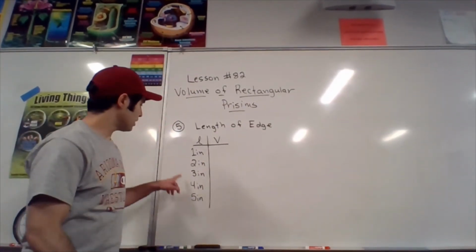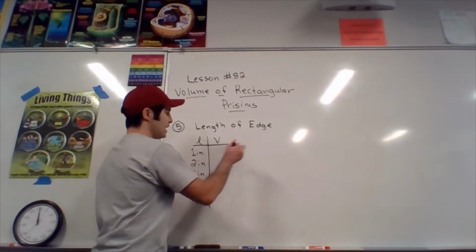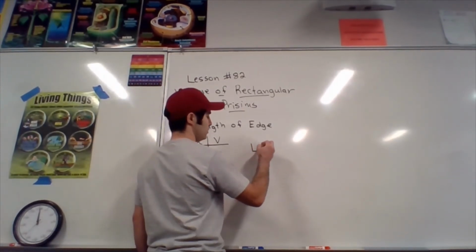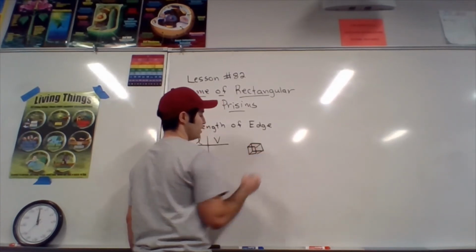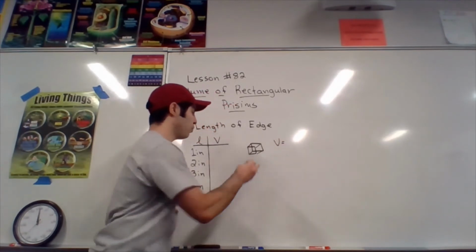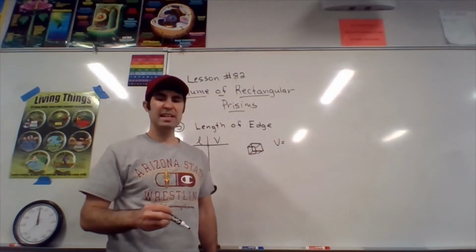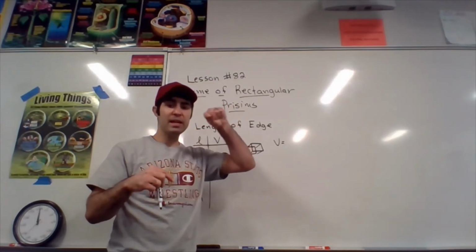Alright, last thing we're going to talk about is our cubes. Okay, so if I have a cube right there, and it's 1 inch by 1 inch by 1 inch, the volume of that cube, well, if one of the edges is 1 inch and it's a cube, that means all the edges are 1 inch.